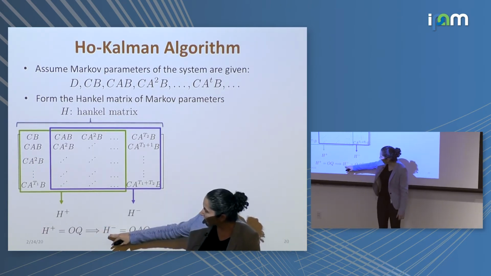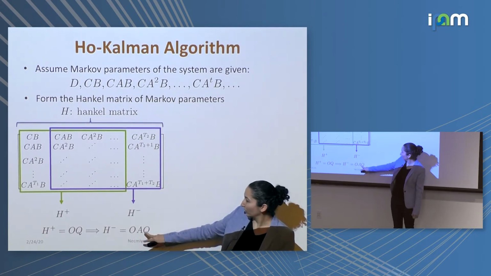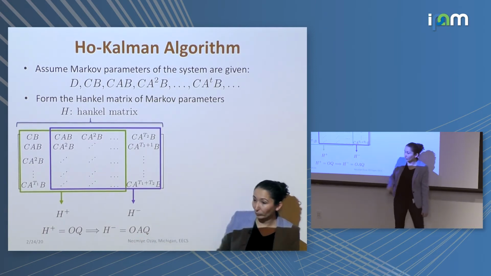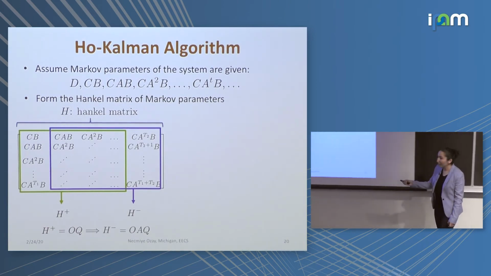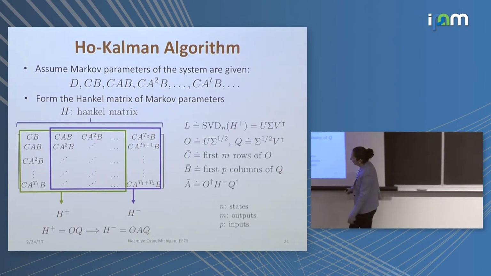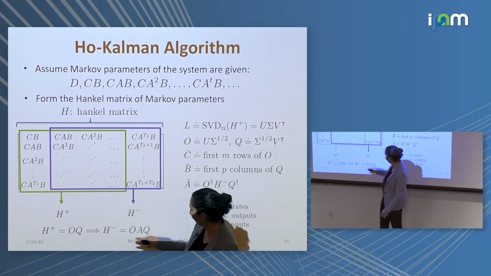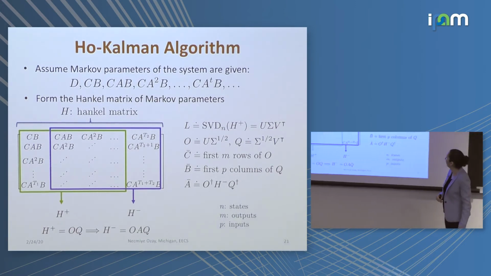Then you can write H minus as that extended observability matrix times A times Q. Once you have H plus and H minus, you can solve for your A.